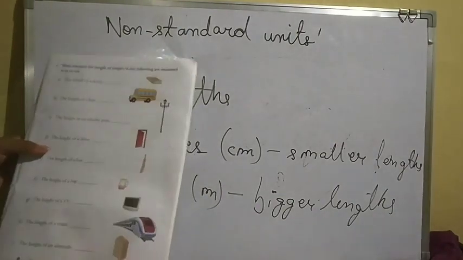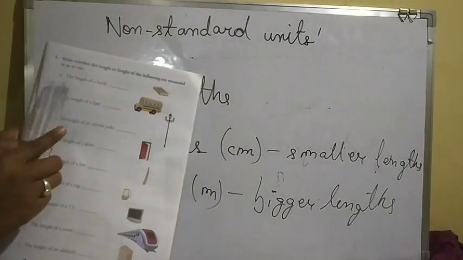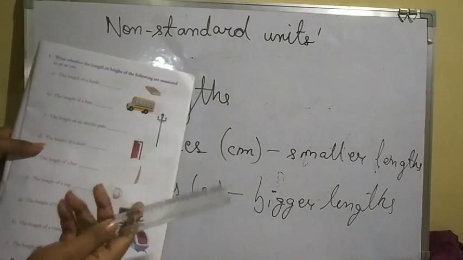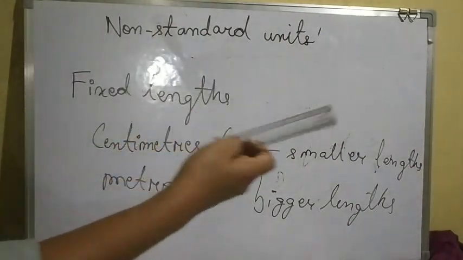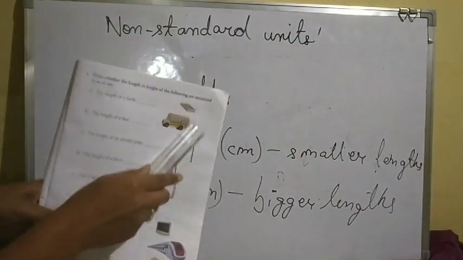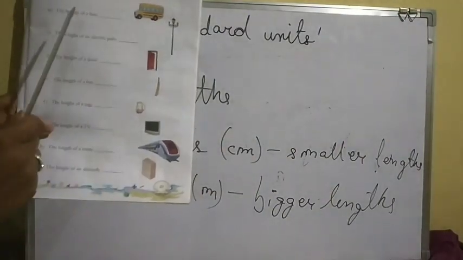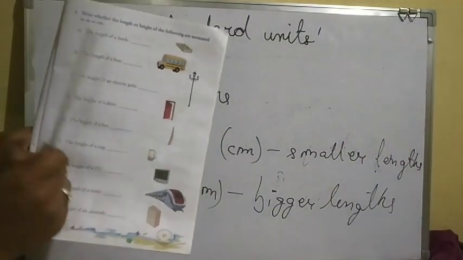For bigger you have to use meter, and for smaller you have to use centimeter. So see the length of a book. There is one long scale also, 30 centimeter scale. With that scale also you can measure the book. This book will be around 30 centimeter. The length of a bus, it will be in meter.